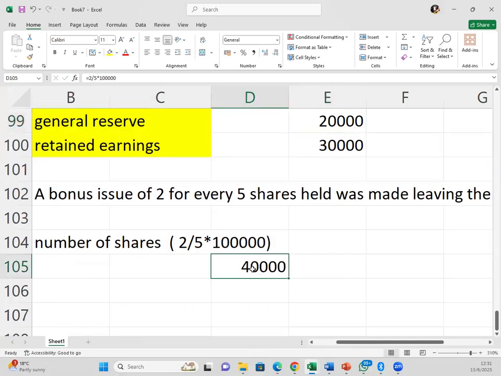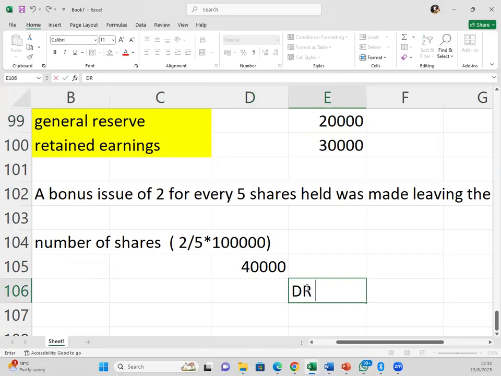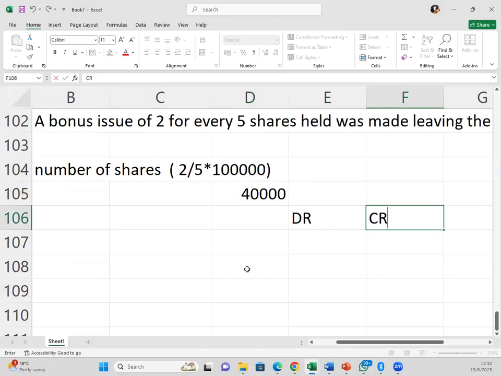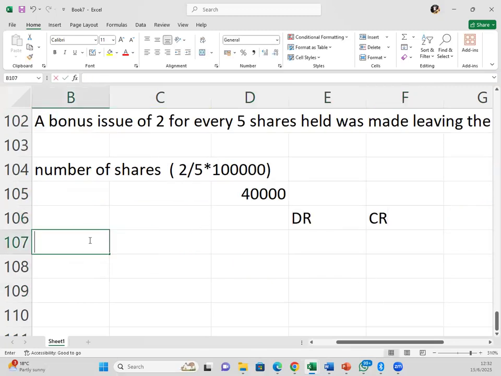So it means that we are supposed to debit a reserve. We credit the number of shares they've increased, but we debit a reserve. But the problem is we are supposed to debit the reserves starting with the share premium.